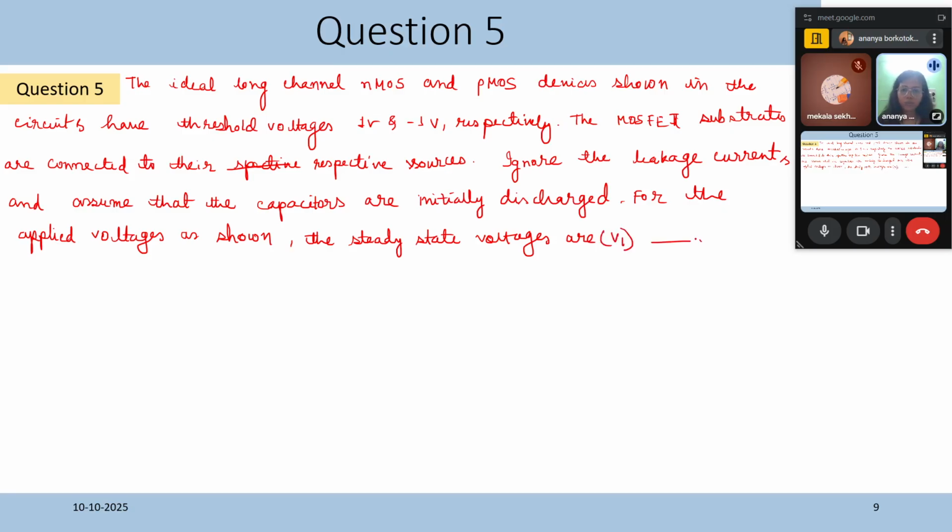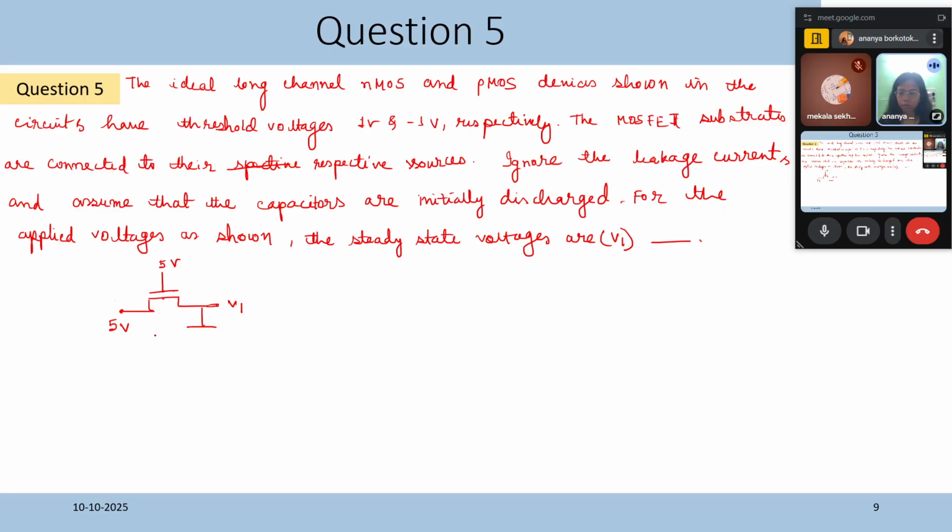We have to calculate V1. The circuit is given like this. This is for NMOS. This is 5 volt connected to the gate. This is V1. We know that this is the drain terminal and this is the source terminal.